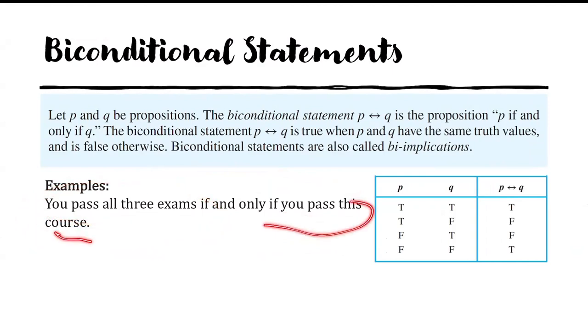If you pass the course, you must pass all three exams. So it goes both ways. If you fail any of the exams, you will fail the course. If a student fails the course, you can guarantee that this student must have failed at least one of the exams. So that's what the biconditional statement means.